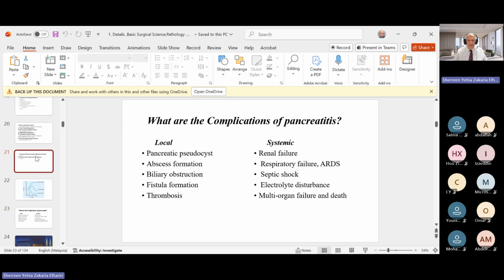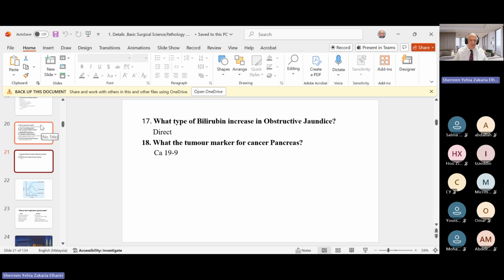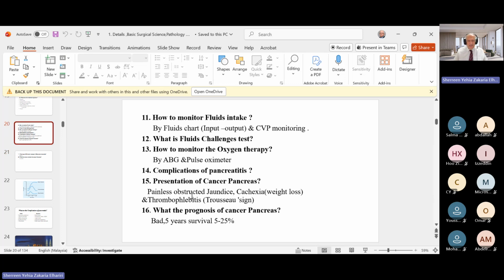Okay, so back again. What is the presentation of cancer pancreas? If head of pancreas, there will be painless jaundice.